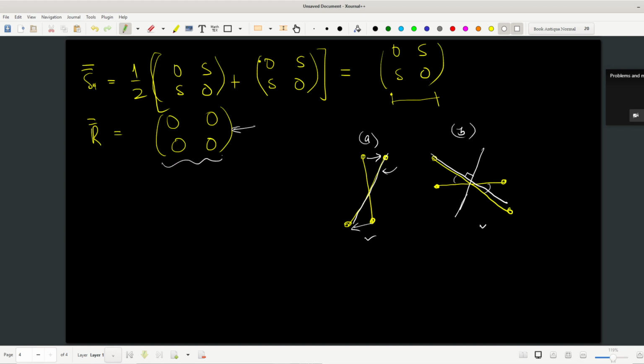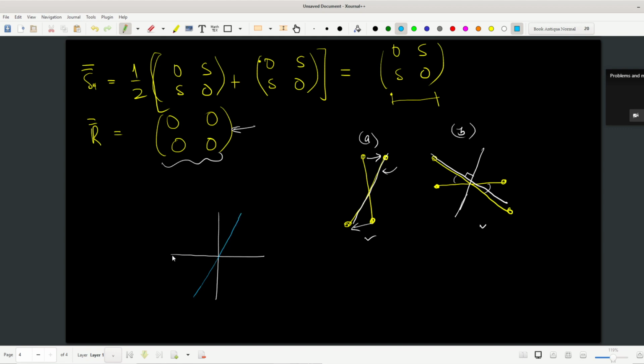Is the physical meaning of this clear? If you have an element like this in this kind of a flow, because of the gradient in the u velocity in the y direction, this particular straight line segment will become something like this.